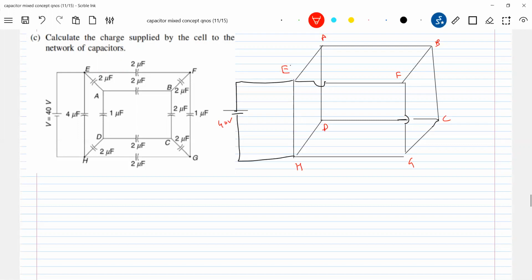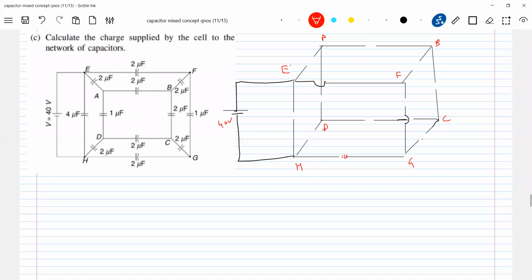Okay, let's introduce the capacitance. So between E and H, you can use any method. Sometimes if you make a 3-dimensional diagram a plane diagram, it will be easier.